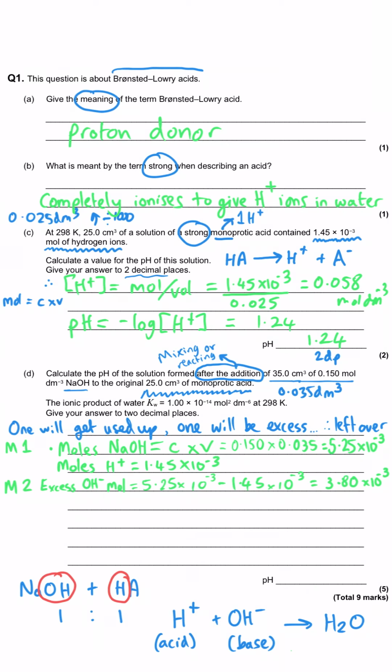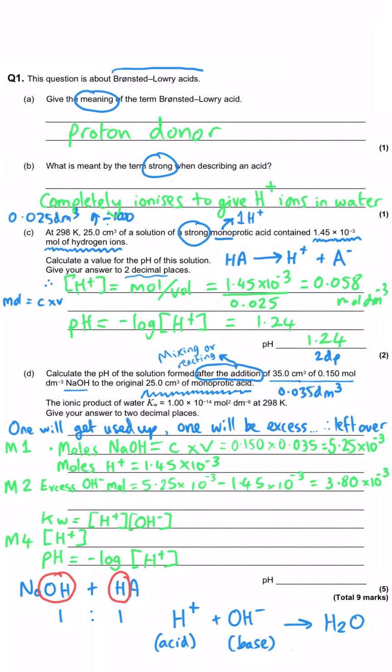And so to do that, there are 3 steps, and as I have said previously, if we're working out a pH, the final step needs to be the negative log of the hydrogen ion concentration, which means the penultimate step is to work out what the hydrogen ion concentration is. Now, since this is a strong base, because we've got hydroxide ions left over, we need to use the Kw expression, which is Kw is H plus multiplied by OH minus.